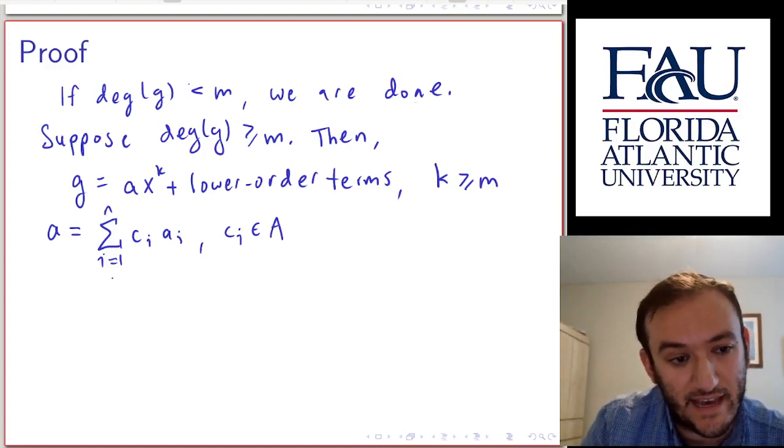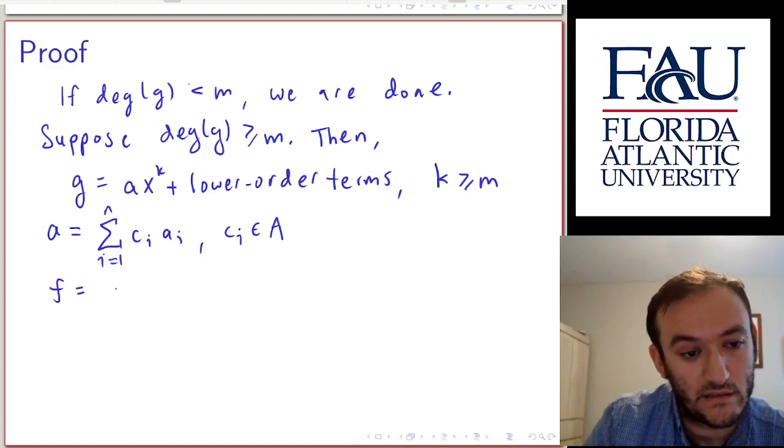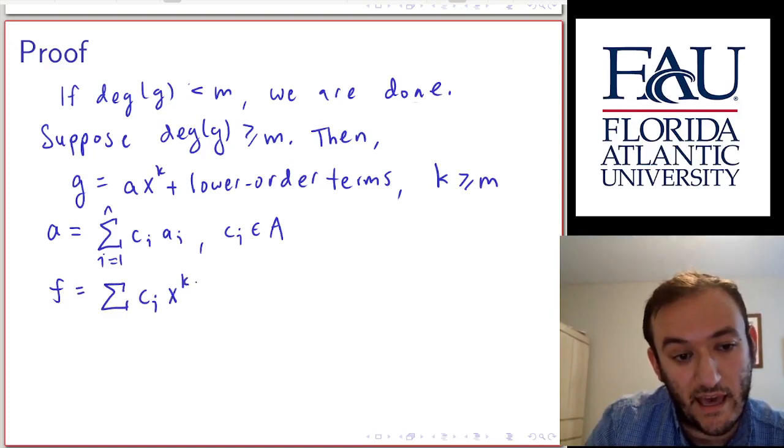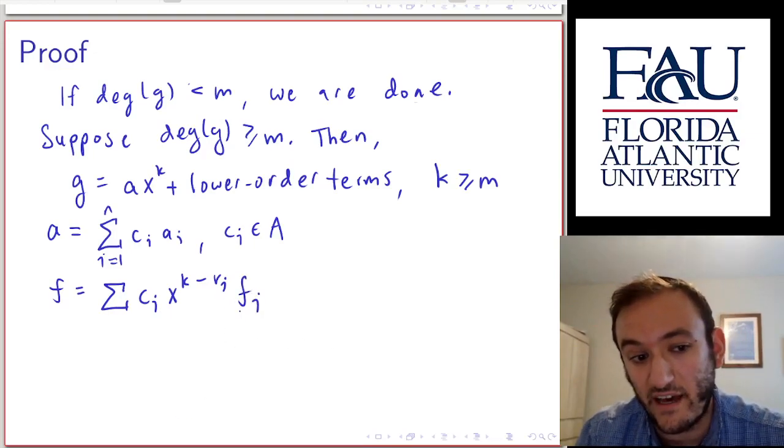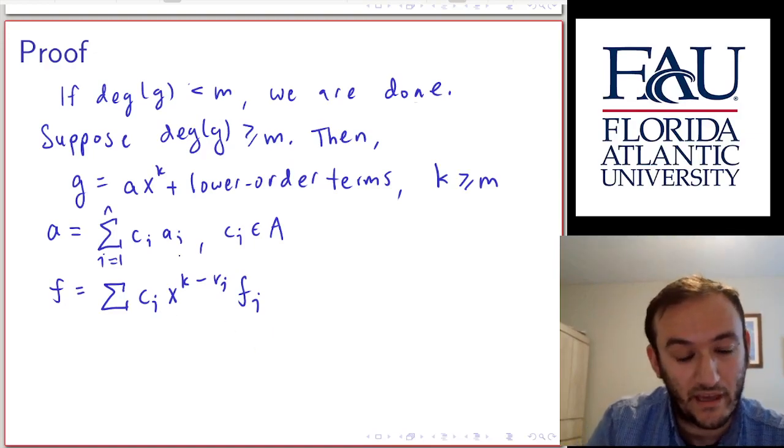Well, that means that I can take the following polynomial, f equals the sum of c_i x to the k minus r_i f_i. Recall that f_i has leading term a_i x to the r_i.